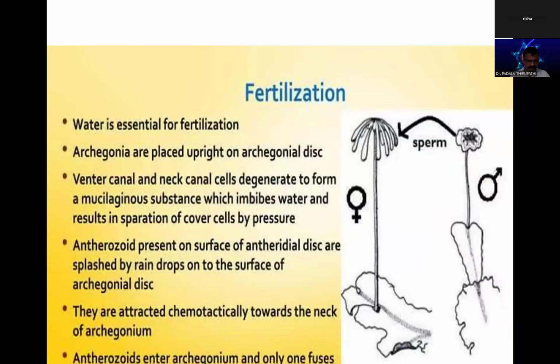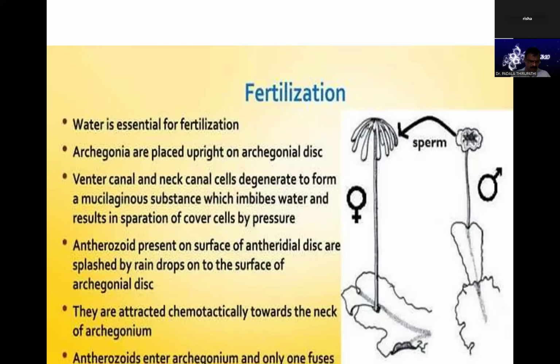Now about the fertilization. Fertilization here is nothing but fusion of the male and female gametes. In the diagram, on the left hand side you're seeing the archegoniophore. On the right hand side, you're seeing the antheridiophore.